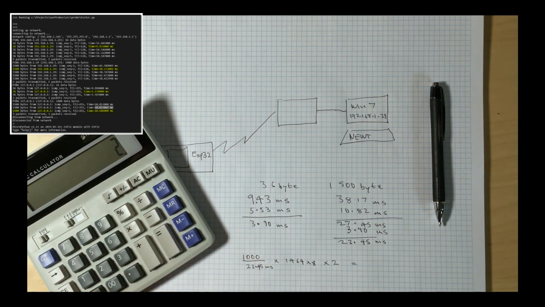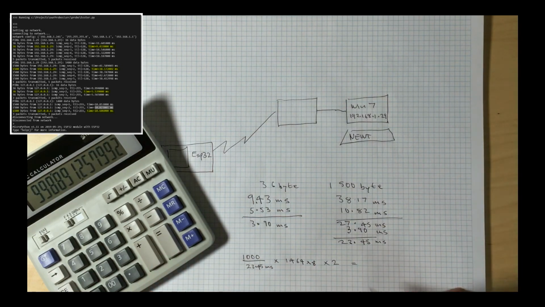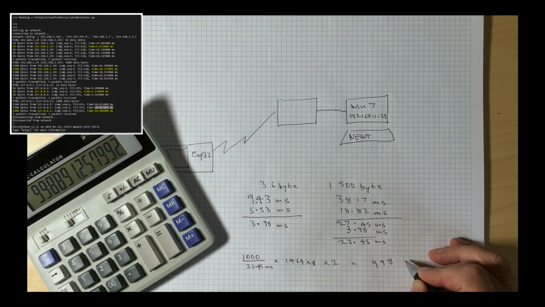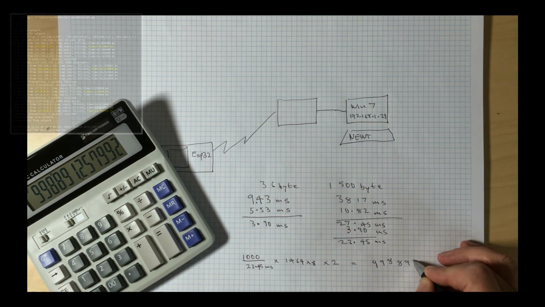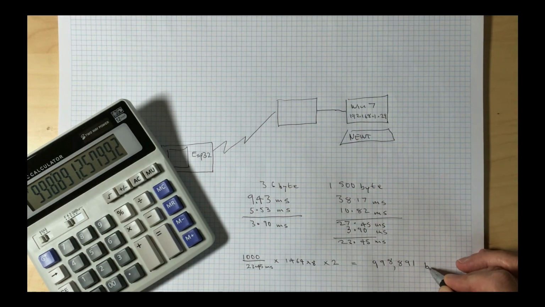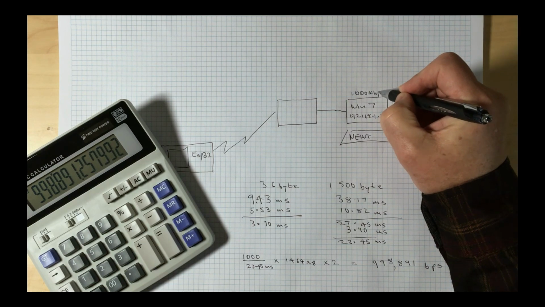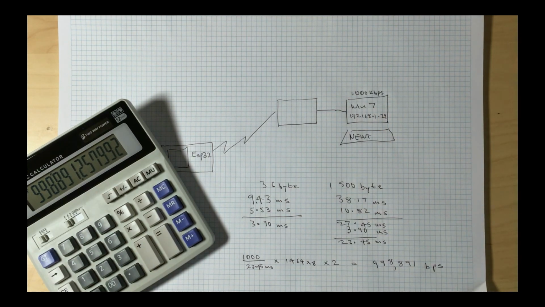We multiply that by 2, which gives me the one-way figure: 99891 bits per second. And remember, I had the emulator running at 1000 kilobits per second, and that's fairly close to what the numbers should be. I think it's about 2% difference, so it's close enough for doing the network capability measurements.